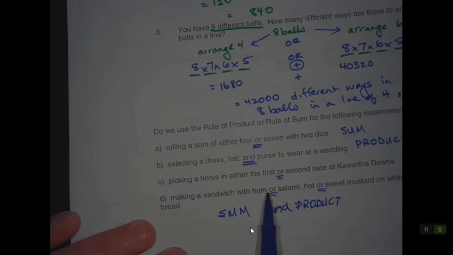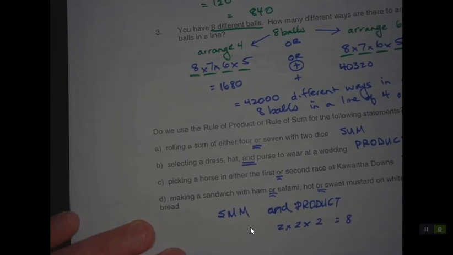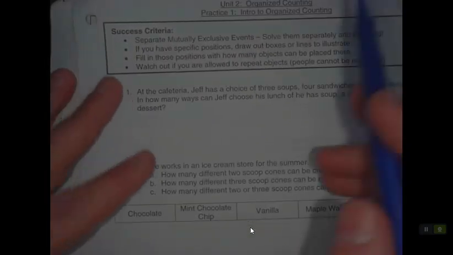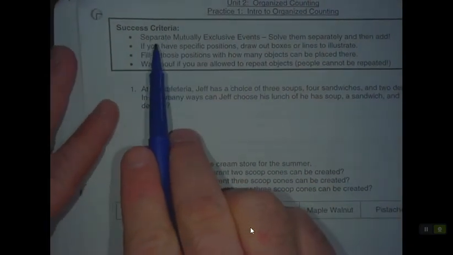There's two options there, so I would add that, and add that, but then I would want to multiply the results for that.